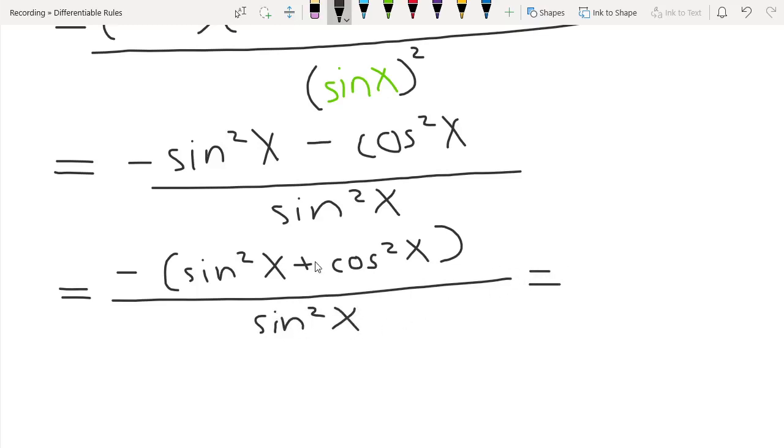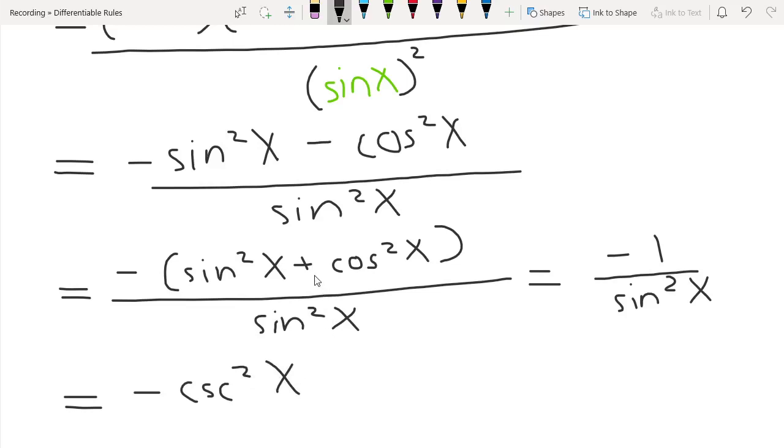And then this is equivalent to sine squared of x plus cosine squared of x, which we know from our trigonometric identities is equivalent to 1. So this would be negative 1 over sine squared of x. And then this is equivalent to negative cosecant squared of x.